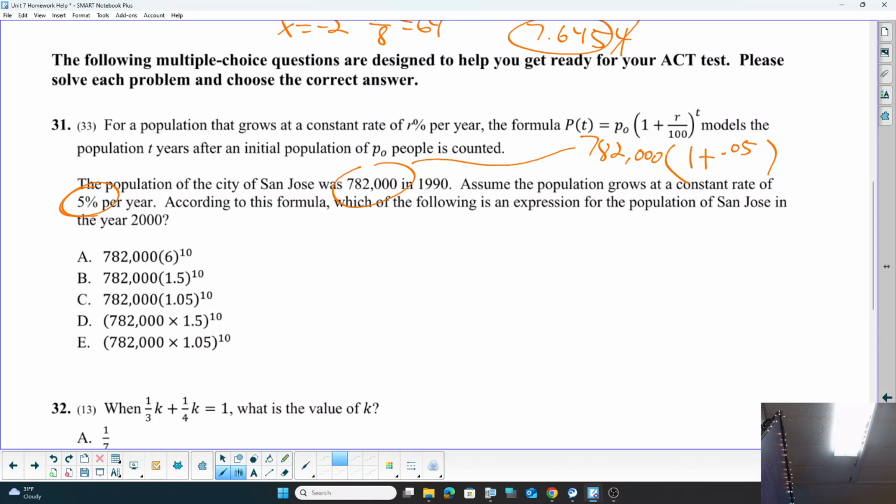And they want you to do it for 1990 to 2000. So that's 10 years. That's why there's a 10 on the outside, because it's 10 years. But they also want you to compound it. And what do they want you to compound it with? Let me see. Constant rates.